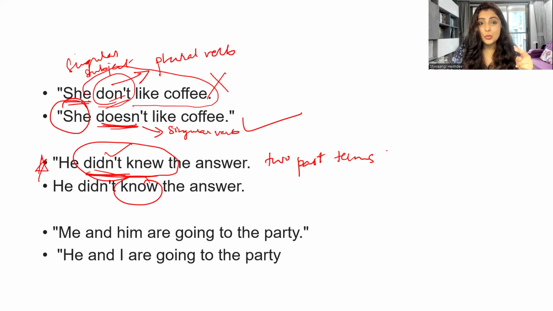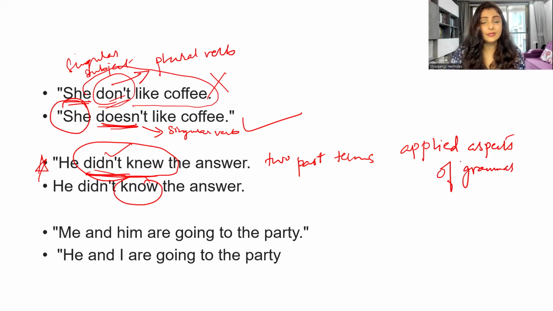Now why are these errors happening? These errors are happening because your awareness about the applied aspects of grammar is very low. And this isn't your mistake, because this needs to be blamed on our formal education system, our schools.